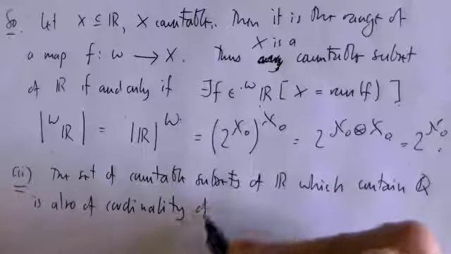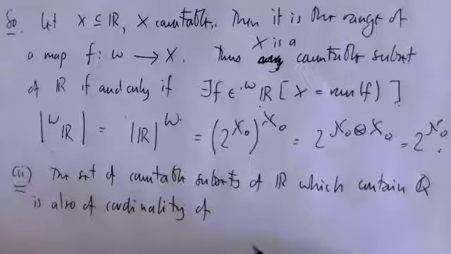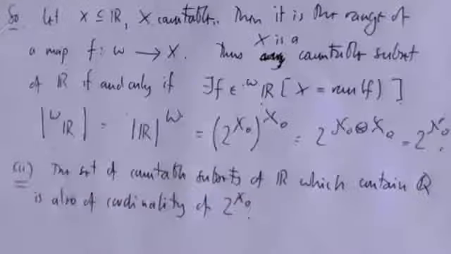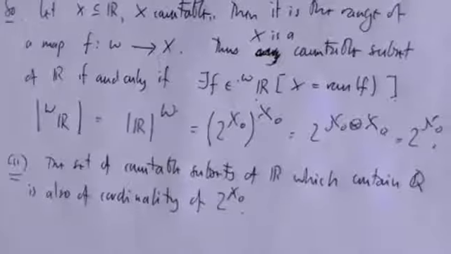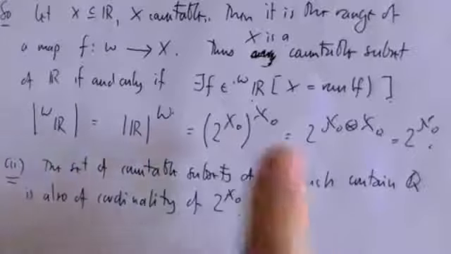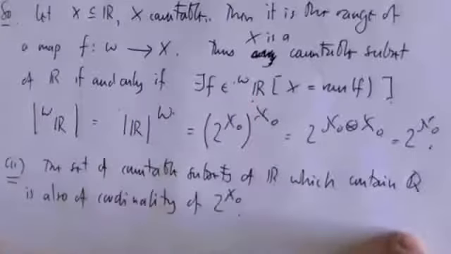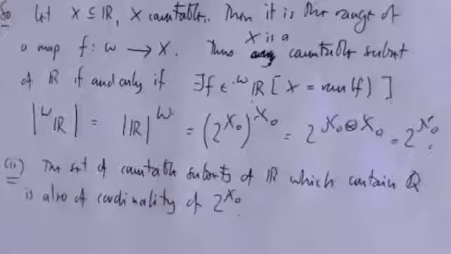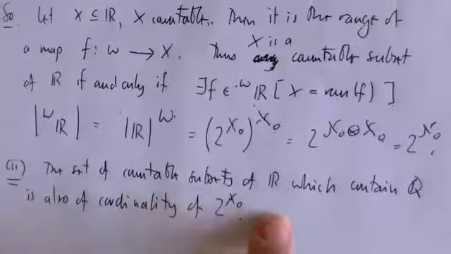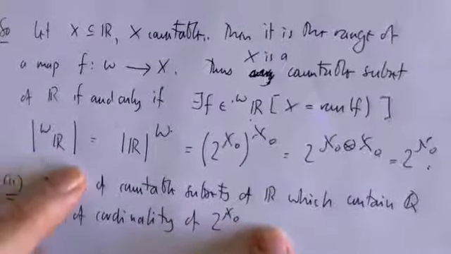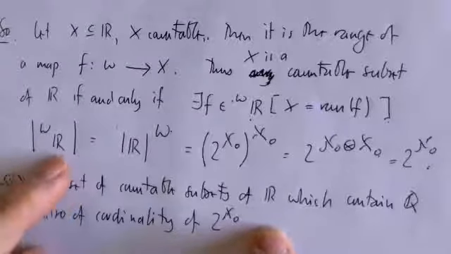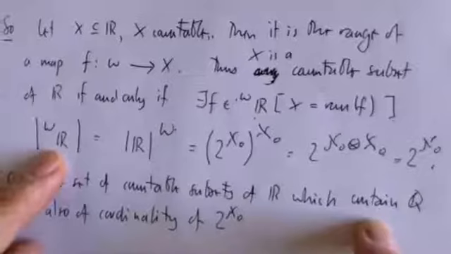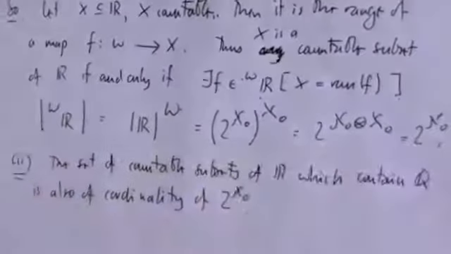So this is also cardinality 2 to the Aleph 0, right? We don't shrink the number of countable subsets by insisting that Q is contained in them. So the collection of all countable subsets of R has this size. So this more particular lot is not going to have any bigger size than 2 to the Aleph 0.